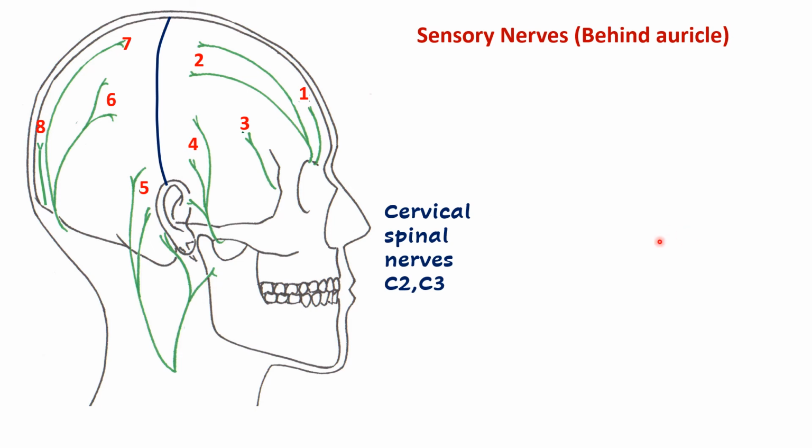Coming to the posterior half of the scalp, right? So here the nerves that are going to supply, they will be from the spinal nerves, and which spinal nerves? C2 and C3. Now, in our body, the anterolateral aspect of our body, that is supplied by the ventral rami of the spinal nerve, including our limbs also.